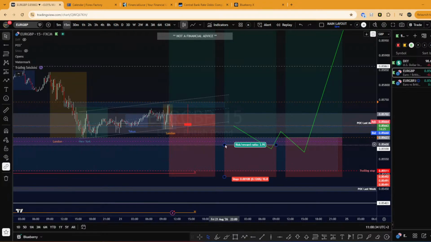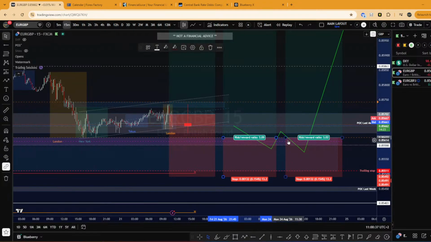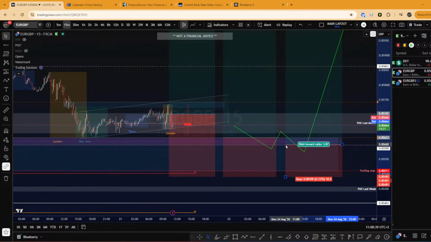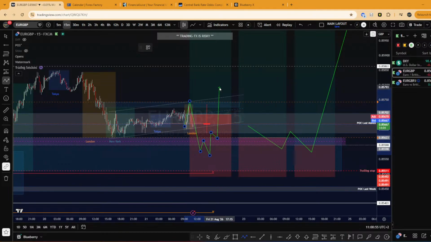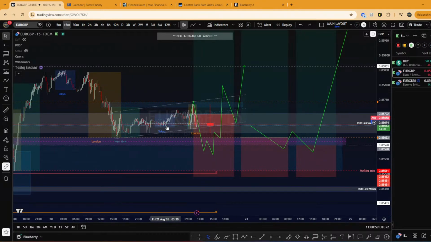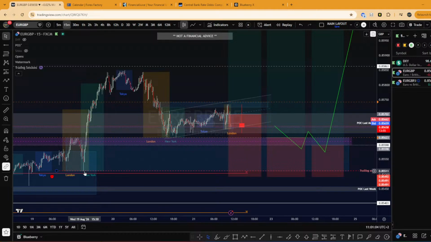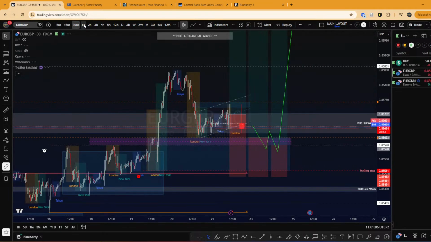I need to see something like that, rejection, and then something like that. This is pretty much what I want to see, with always this low as my last line of defense.